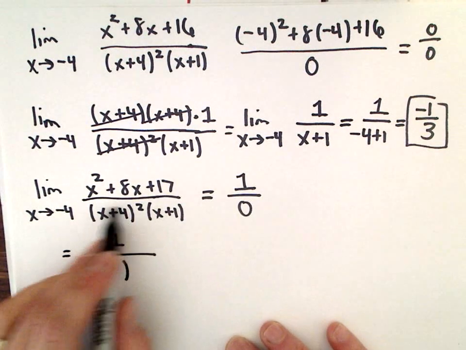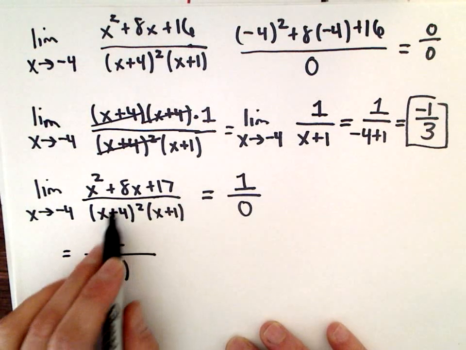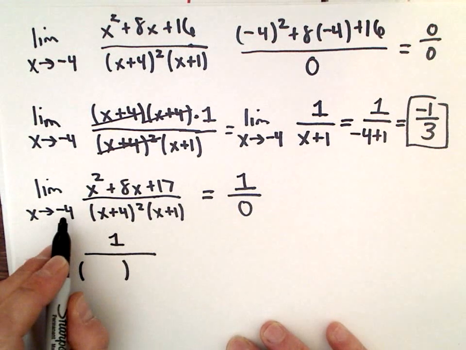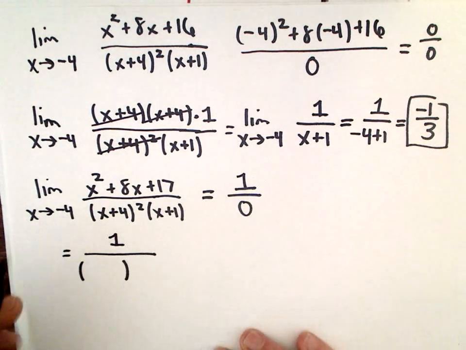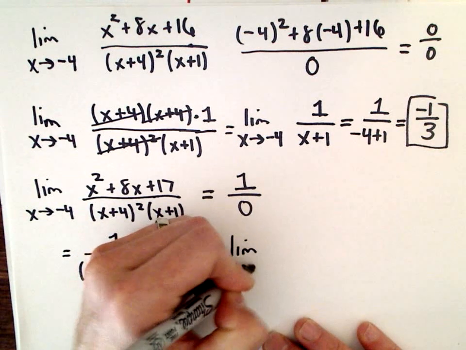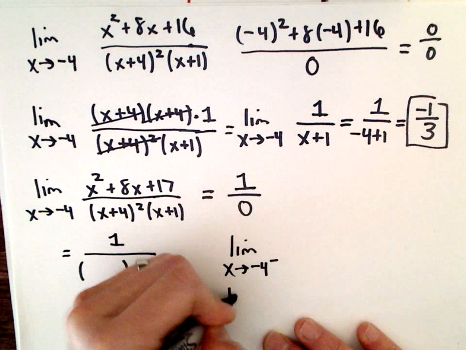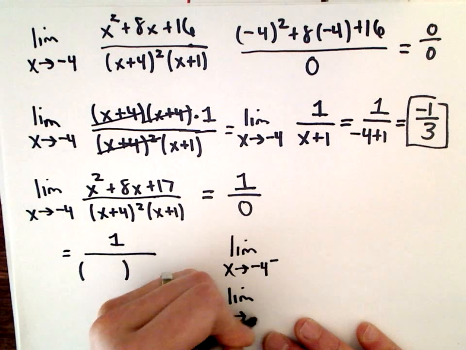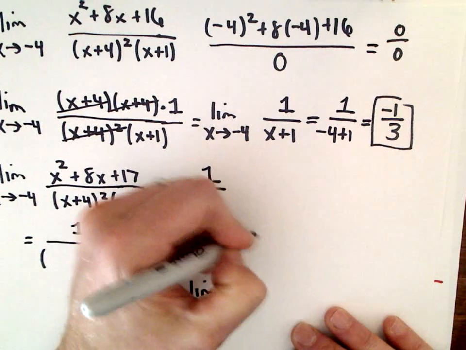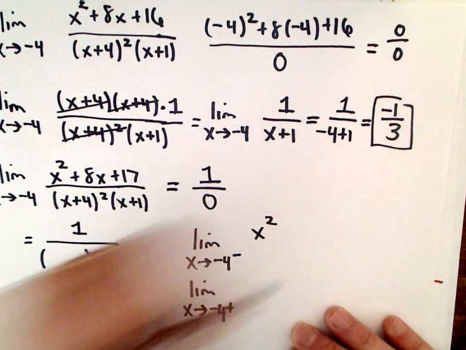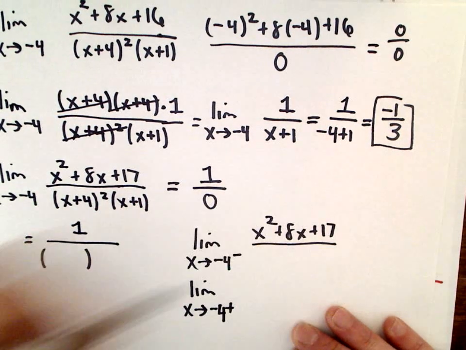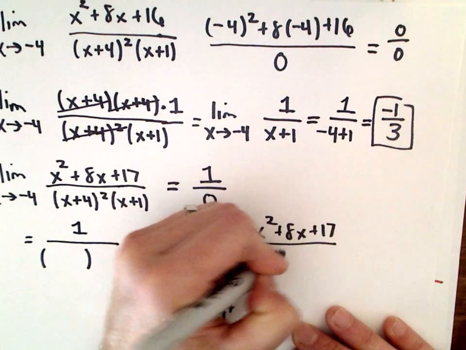If I substitute -4 into this factor, x plus 4 quantity squared, the thing you want to notice is that really I should be looking at the limit as x approaches -4 from the left, and the limit as x approaches -4 from the right. Let me write this down. I'll point out the moral of the story here after we're done.